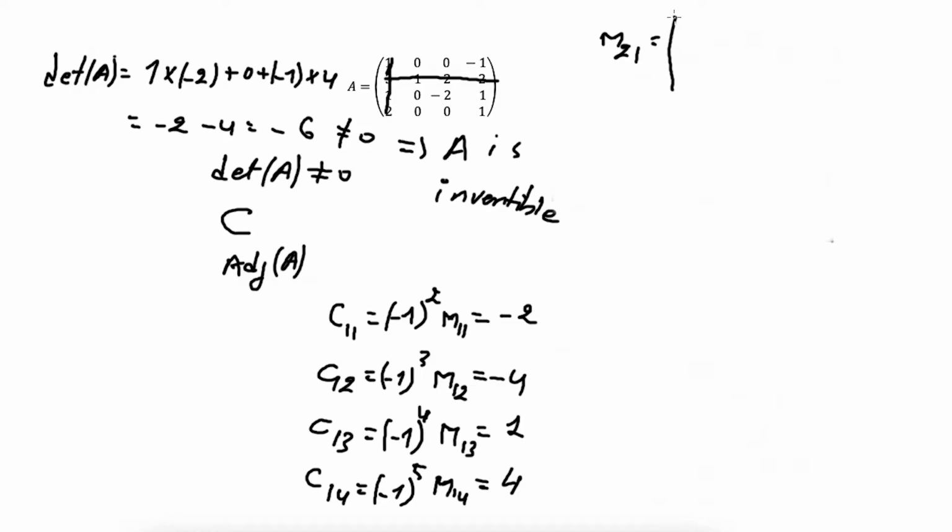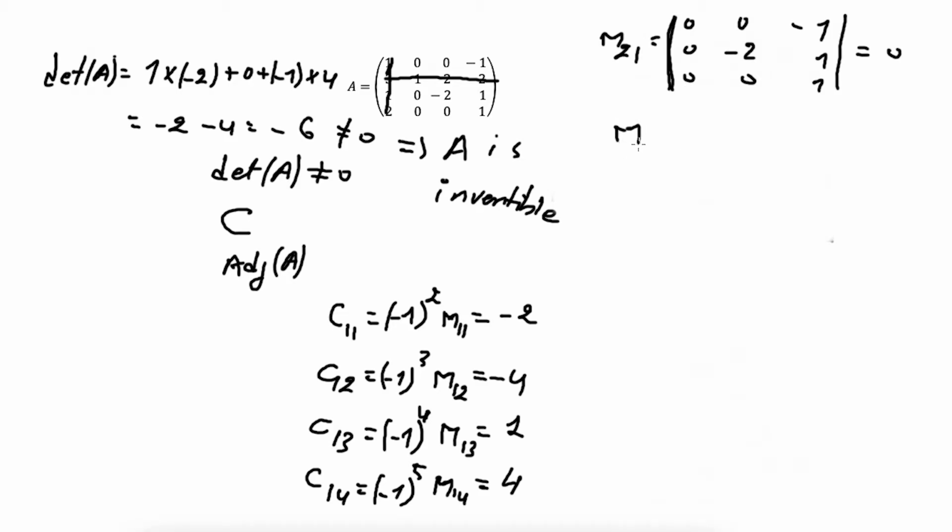So it will be, this is the determinant, so 0, 0, 0, 0, so this is 0 because all are 0, so 0, minus 2, 0, minus 1, 1, 1. So this is equal to 0 because we have here a row of zeros.